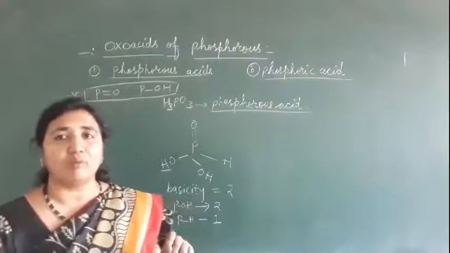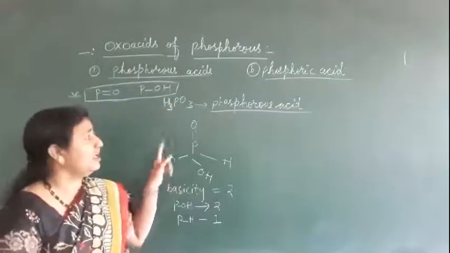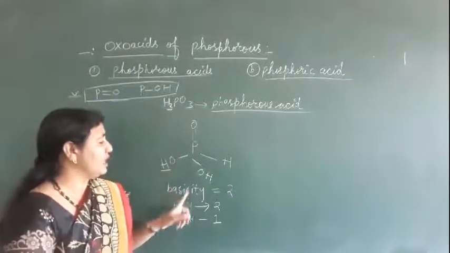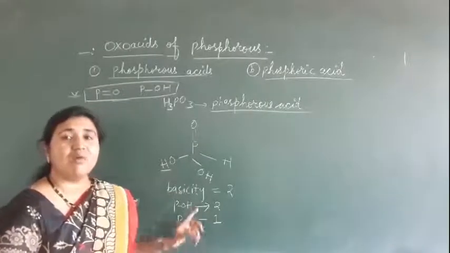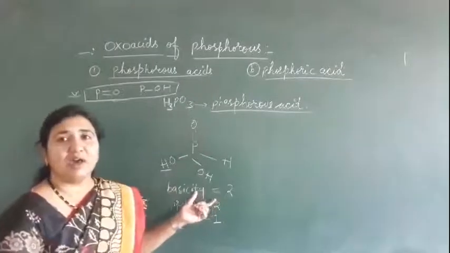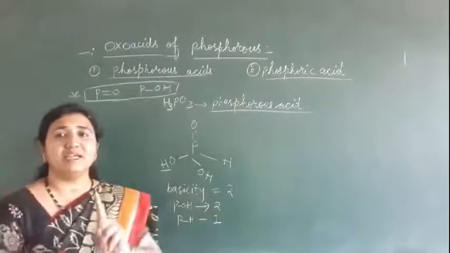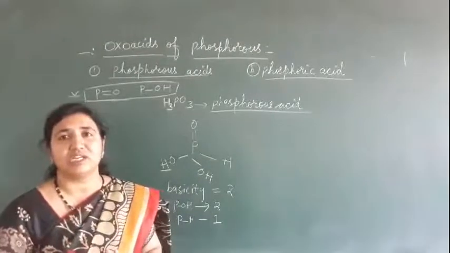In objective exams in NEET and JEE Mains, they can ask in phosphorus acid how many POH bonds are there, how many PH bonds are there, what is the basicity of this phosphorus acid. All these points depend on the structures, so you should know how to draw the structure. It is very easy.